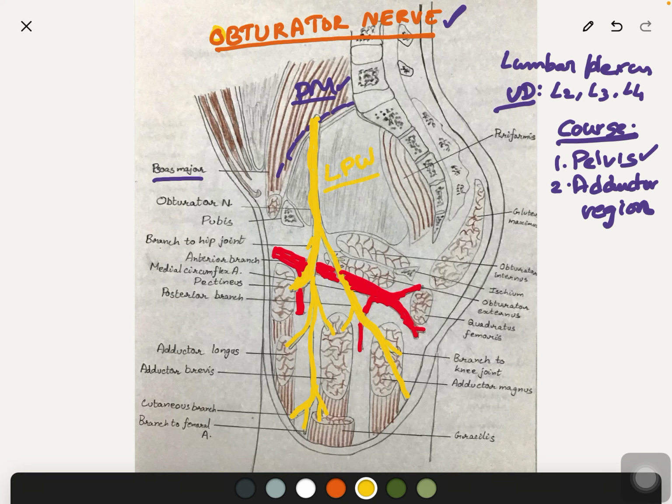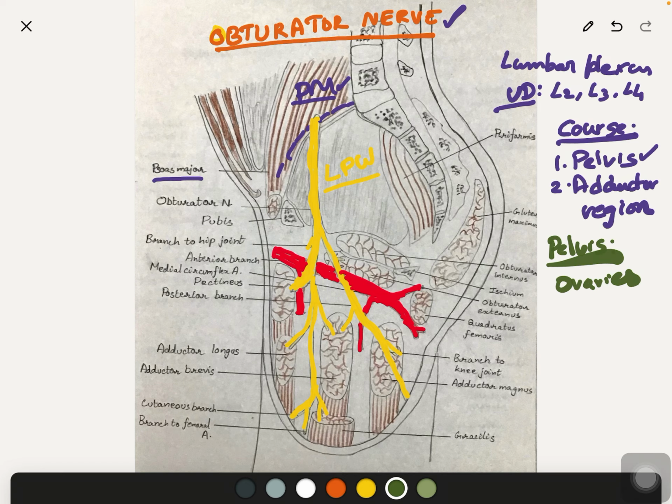It runs in the lateral pelvic wall in close relation with the ovaries in the female. In the lateral pelvic wall, it is related to the ovarian fossa.